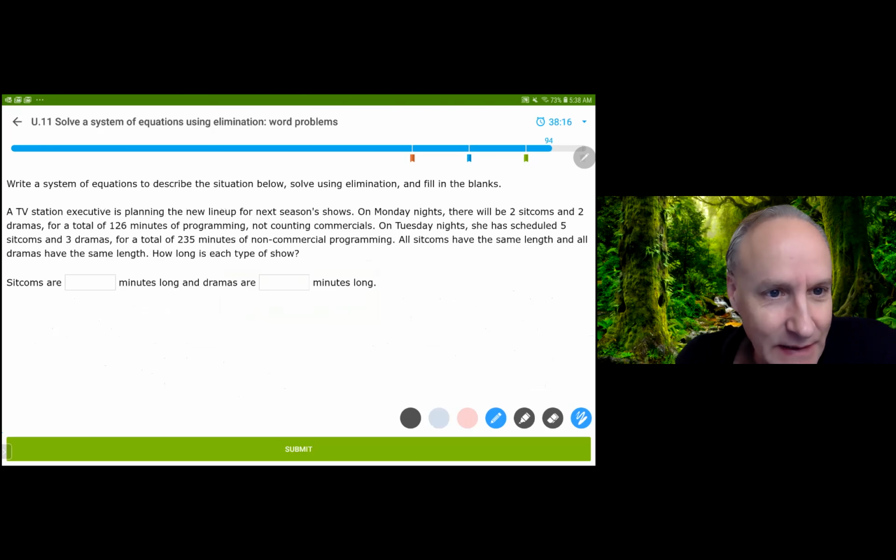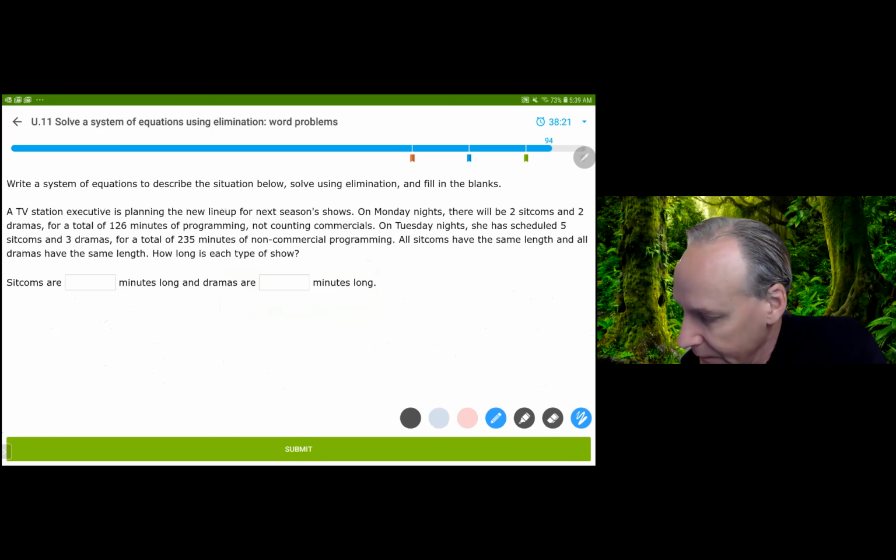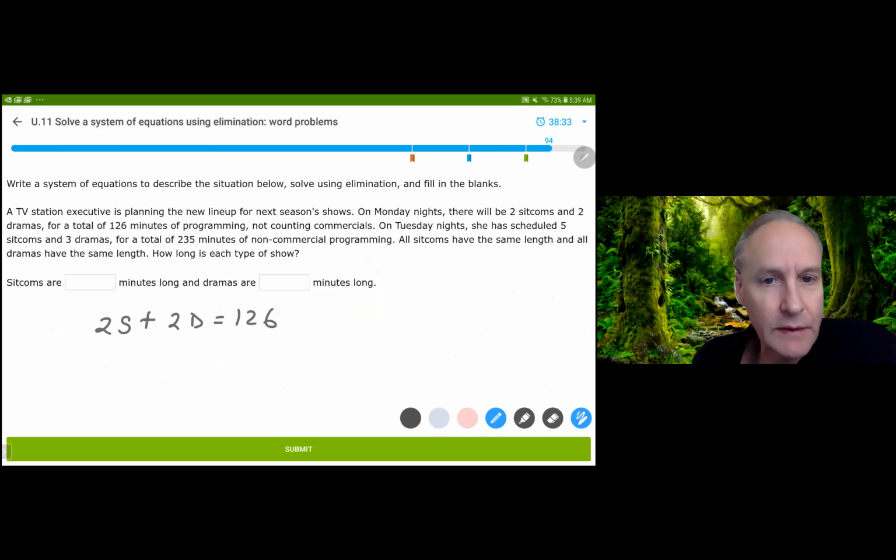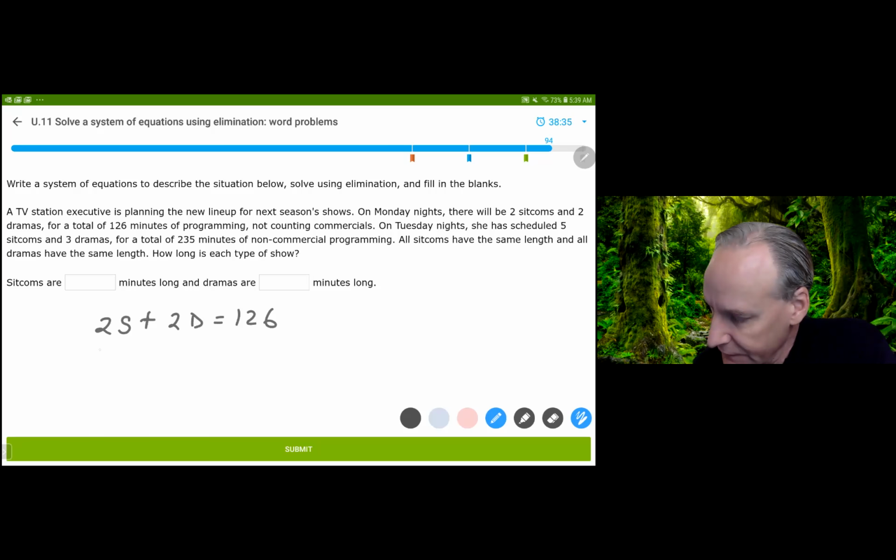Let's see now. I've been at this a while. Let's see. 2 sitcoms and 2 dramas for a total of 126 minutes of programming, and 5 sitcoms and 3 dramas give us a total of 235 minutes of programming.